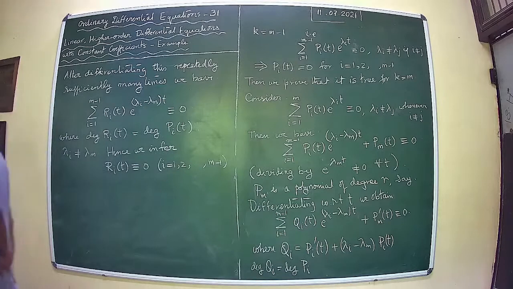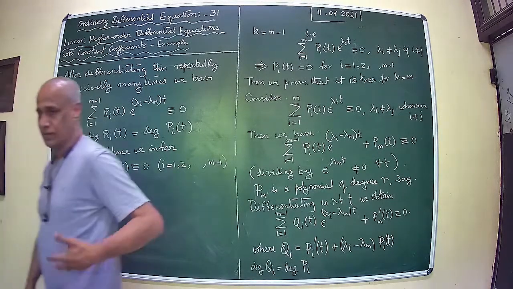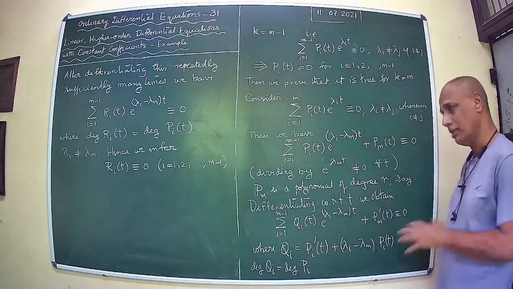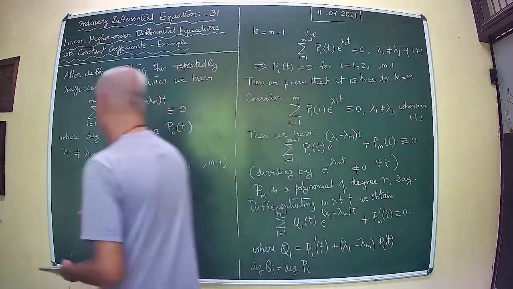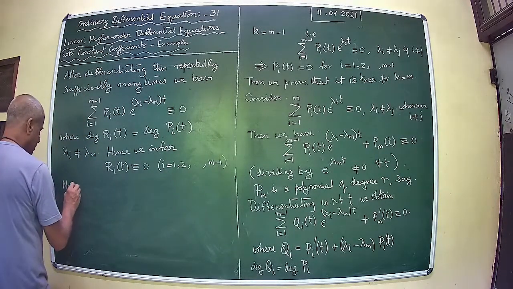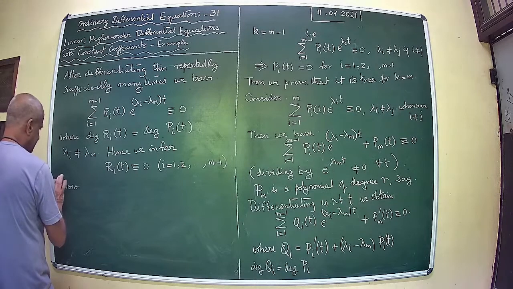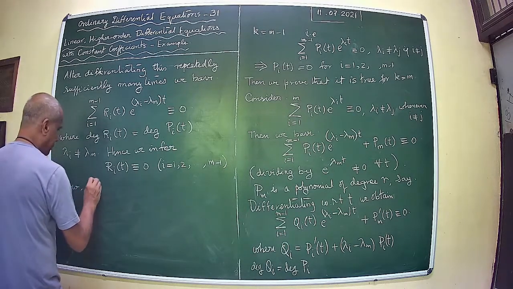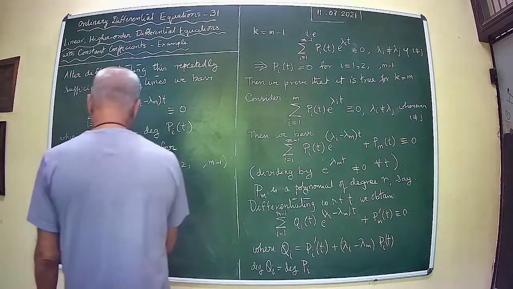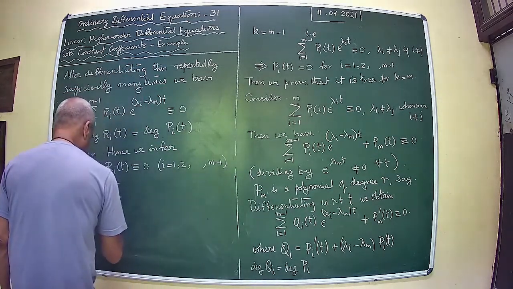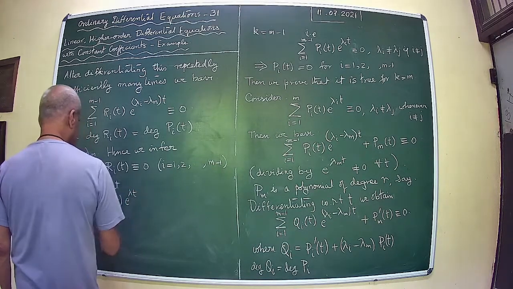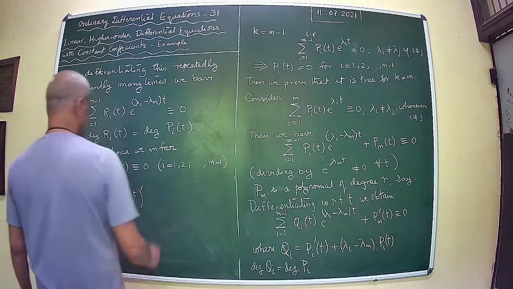Okay, but still we have not got what exactly we want. What exactly we want is we want to conclude that all the Pi's are 0. Okay, let us examine this problem. Now you can give a proof of this. Note that see, I am writing p t e to the power lambda t derivative.